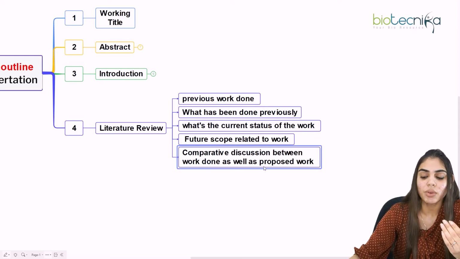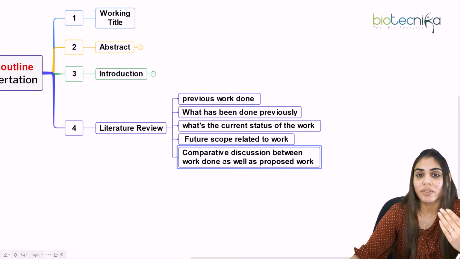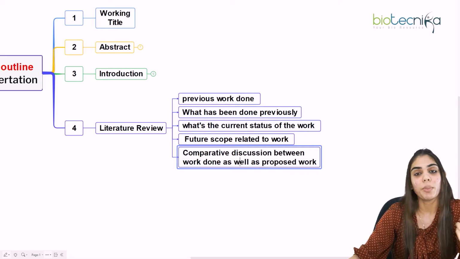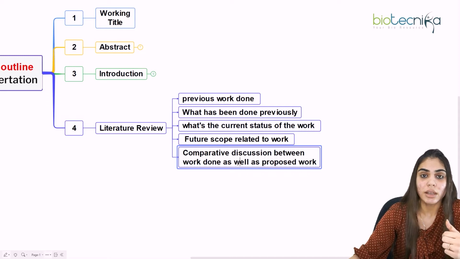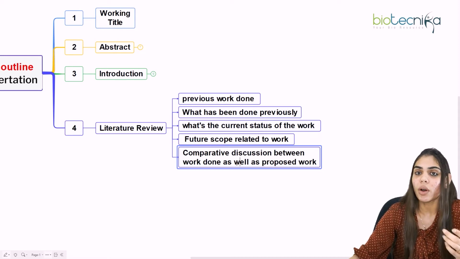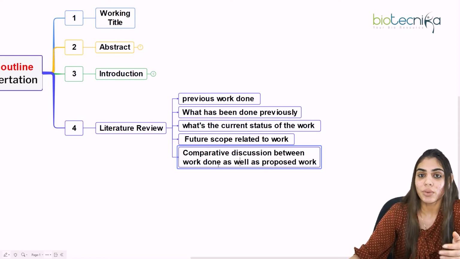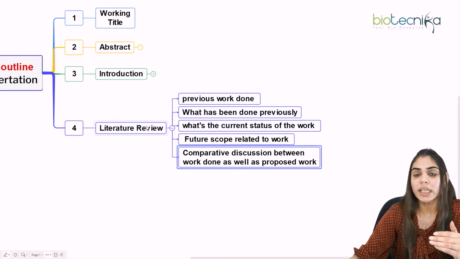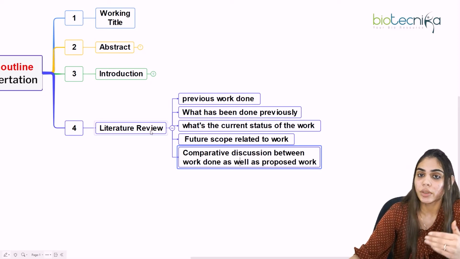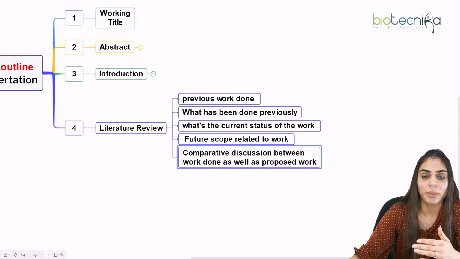And here you have to comparatively discuss, you have to compare your work with the proposed work, means what is the previous work that is done and what is the work that you are going to do or you have done. So here you have to write, and a comparative discussion should be there on that particular topic, and this is what is called literature review. Rest all things will remain like introduction, what you have mentioned in introduction, that remains the same.